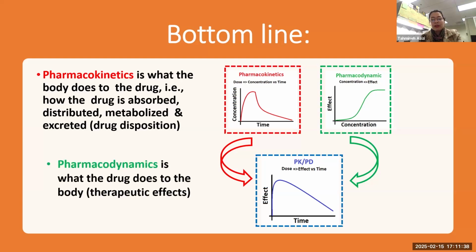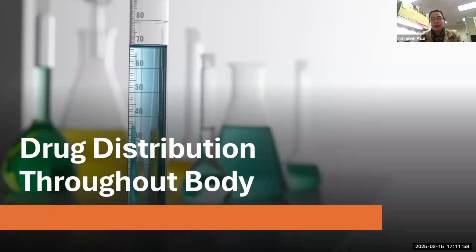And pharmacodynamics is what exactly the drug does to our body. We are interested to know about the therapeutic effects of the drug, how it is going to work in our body. So we are going to combine these two approaches at the end to have a PK/PD modeling approach.